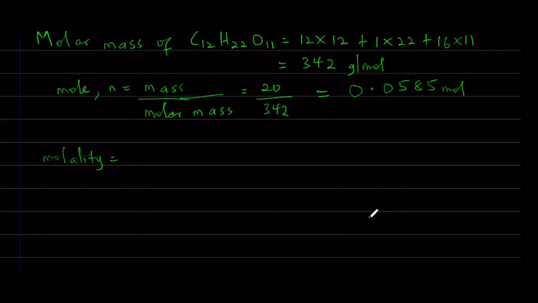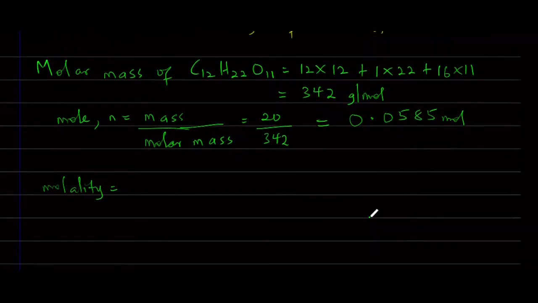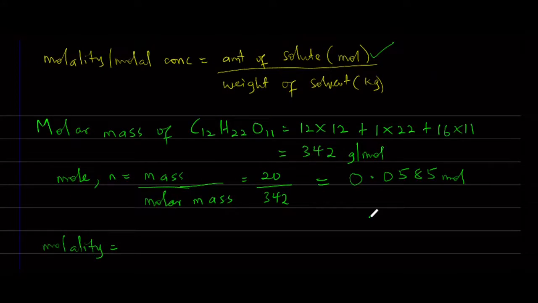Now that we have gotten the mole, we can solve for the molality by using the formula. The formula, as you can see here, says amount of solute, which is now in mole, that's 0.0585 mole. We are working with the units, over the weight of solvent, now expressed in kilogram as 0.125 kilogram.